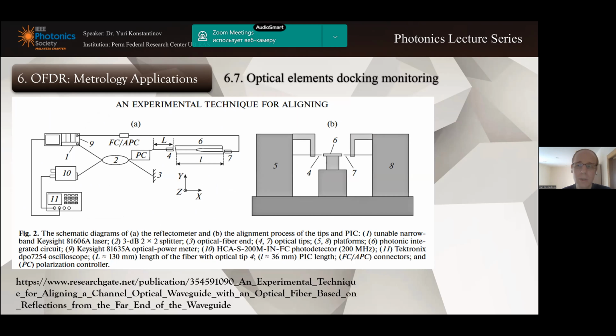Usually we need to dock the fibers using both ends, but it's not very useful, and it's rather complicated in some cases. What we thought about is that we could use the OFDR for this. It's our publication too. You can access this at ResearchGate and request the full text if needed.